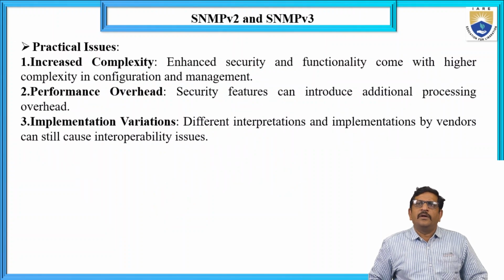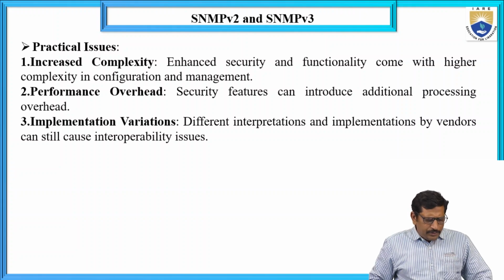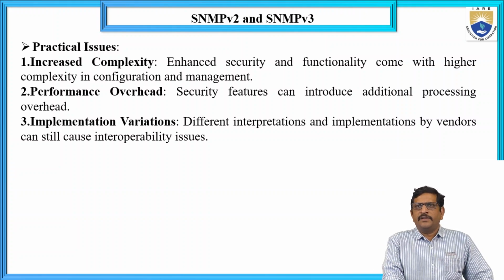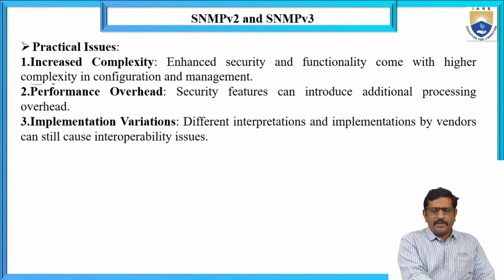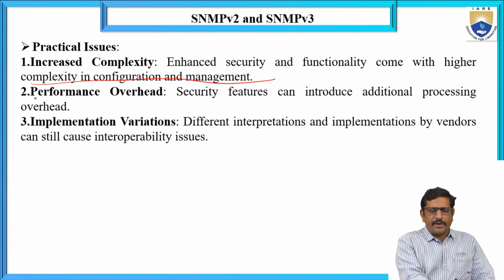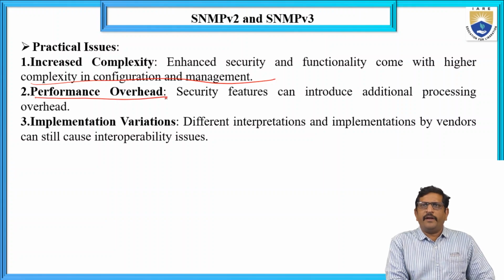Practical issues in SNMPv3 are, first, increased complexity. That means the enhanced security and functionality come with higher complexity in configuration and management. Second, performance overhead. Performance overhead means security features can introduce additional processing overhead.